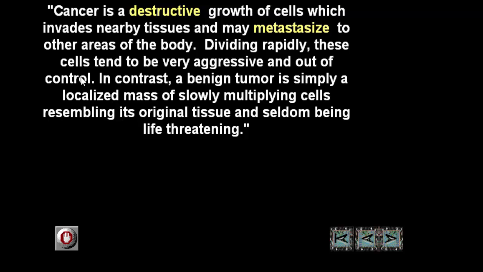If you have cell tissue cultures growing, let's say, in a glass dish, they are known to grow along the surface and then up the sides and over the counter and down through the refrigerator and over the benches, and they just keep on growing. So in contrast, a benign tumor is simply a localized, as in not spreading, mass of slowly multiplying cells resembling its original tissue and seldom being life-threatening.